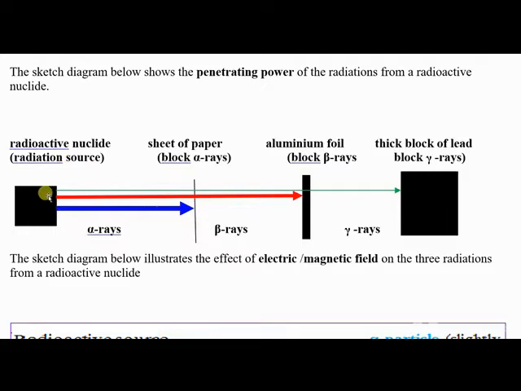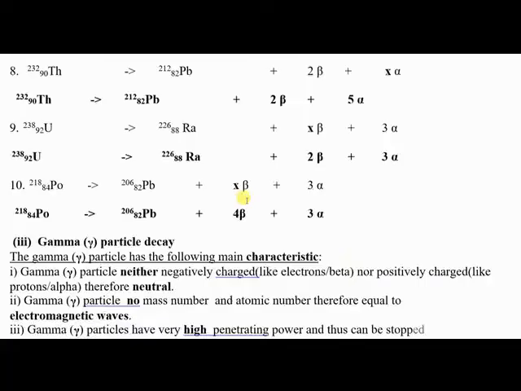Because beta have more penetrating power than alpha, they will penetrate the piece of paper and be blocked by a piece of aluminum foil. The last one is the gamma, which has very, very high penetrating power. It will penetrate through the aluminum foil, and then be blocked by a thick lead block. It is the thick lead which will block it. So this is gamma. Very good.